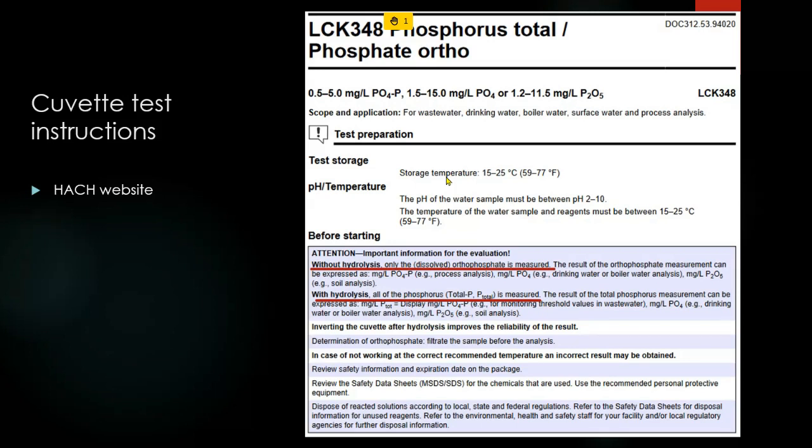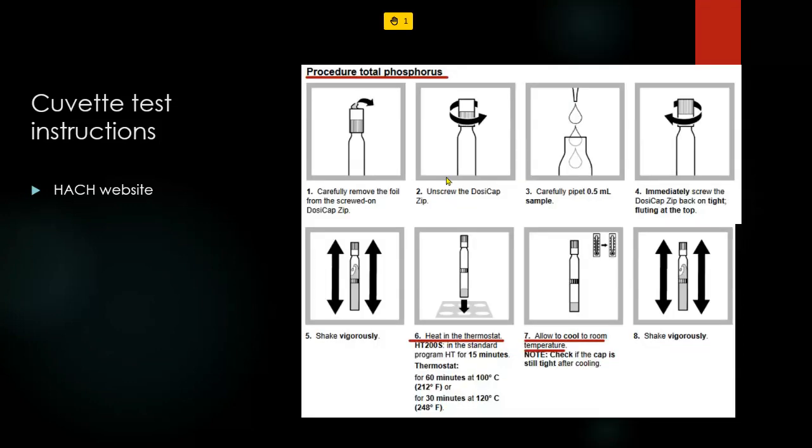As for the procedure, we have inside the document two procedures, one for the total phosphorus and one for the orthophosphate or dissolved phosphorus. Just to see here in the procedure what to do when we have to do the thermostatic reaction. We have to use the thermostat.